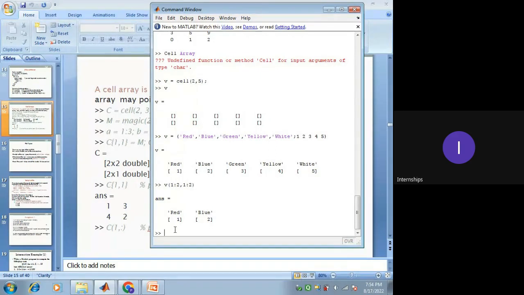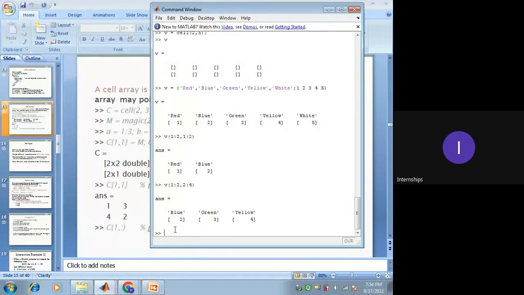If it was 1 to 2, and 2 to 4, here first row, second row, and then starting from the second column up to the fourth column, this blue, green, and yellow, it will select this one. In this way, we can select the required data.